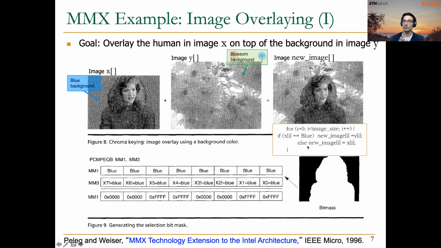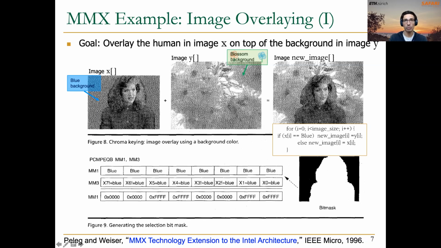We are going to need a slightly more complex program if we want to do this on a SIMD processor or on the MMX extensions. The very first thing that we obtain is a bit mask that distinguishes between those pixels in image X that belong to the woman and those pixels that belong to the background.